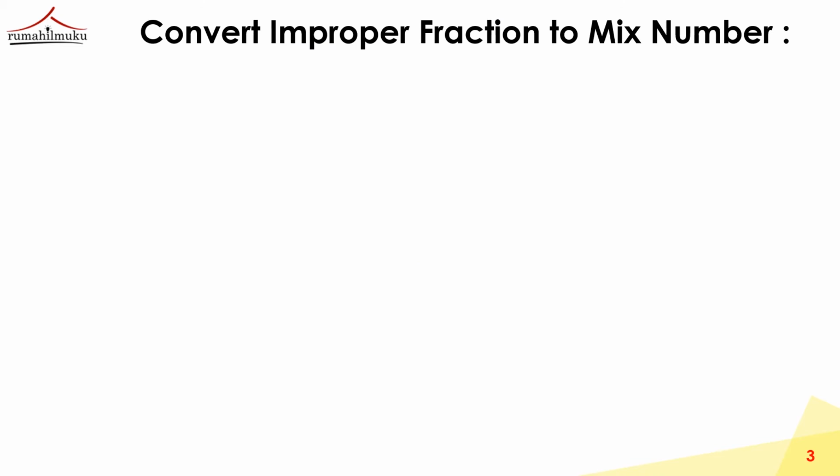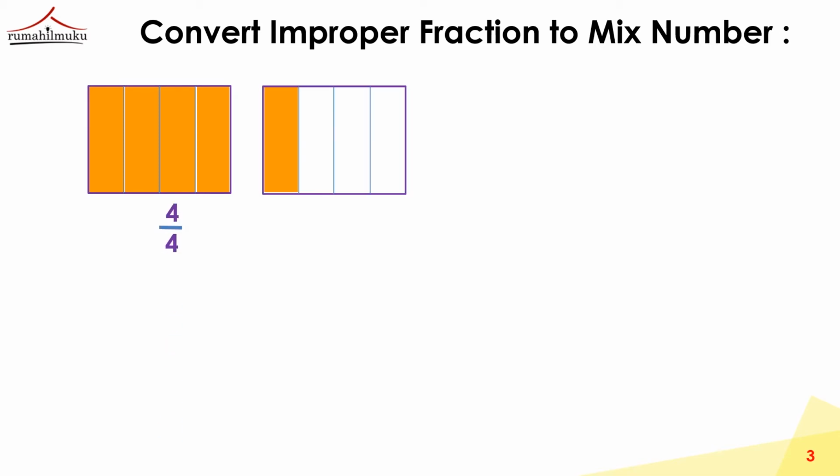So let's try to convert improper fractions to a mixed number. In this box, it shows that we have 4 quarters, and in the other box, we have 1 quarter. So let's add these two. 4 quarters plus 1 quarter, we add the numerators. It becomes 5 quarters. But this is still an improper fraction, so we're going to change it to a mixed number.